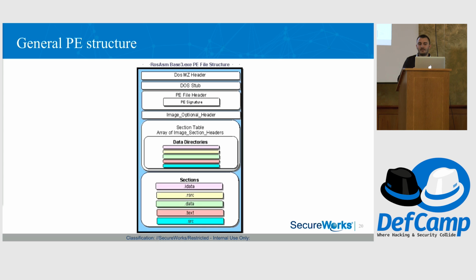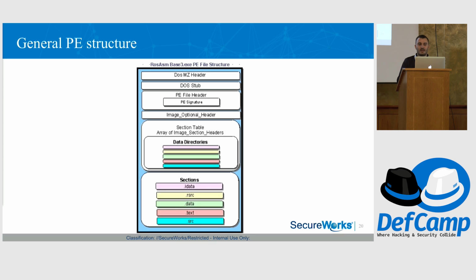The PE header contains important information about the executable, like whether the file is a DLL or an executable, and so on. After the PE header, you will find the data directories, a table containing useful information about the executable. And last, you will see the sections. The sections contain the actual useful data of that executable or DLL.